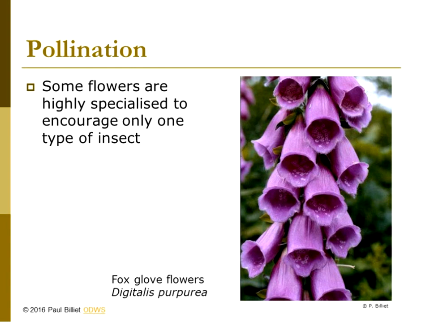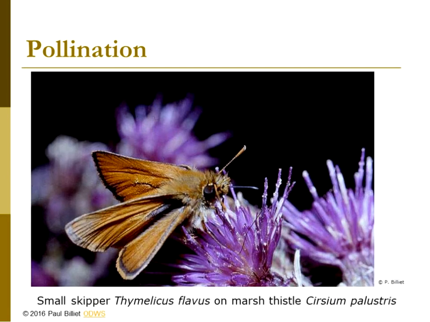Remember how I said it's a specific insect for a specific flower. Well, some flowers have highly specialized to encourage only one type of insect. Like this one, the foxglove flowers are used for a very specific type of bird that helps pollinate these flowers. Here's another one. A small skipper on a marsh thistle.